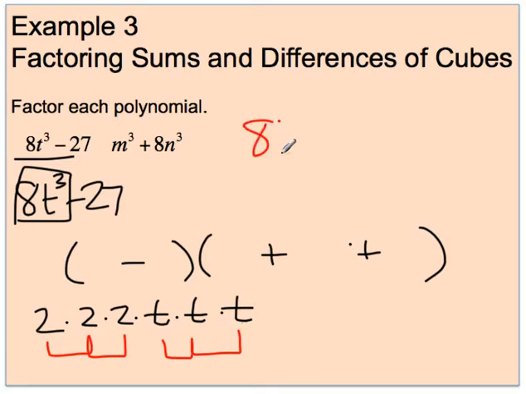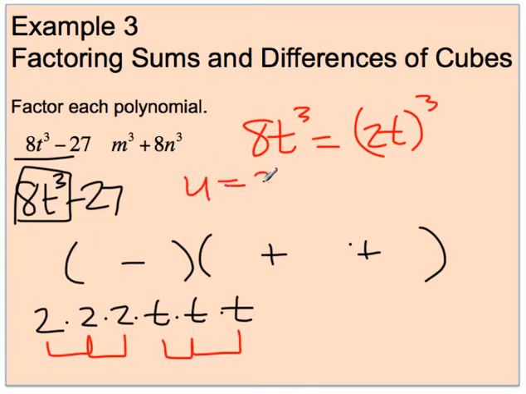So 8t to the third is the same thing as 2t in parentheses to the third. So our u here is going to equal 2t. Now remember, the other thing that we need is u squared. So u squared is going to be 2 squared, which is 4, t squared.